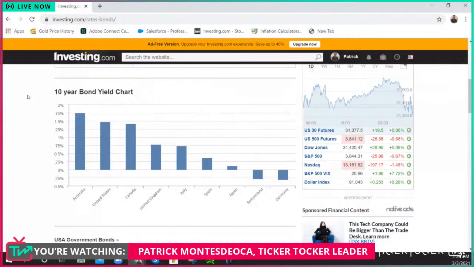You're looking at a 10-year bond yield chart for Australia, the United States, Canada, United Kingdom, Italy, Spain, Japan, Switzerland, and Germany. What we see here is that Switzerland and Germany are in negative interest rates on the 10-year bond, below 0.25%.